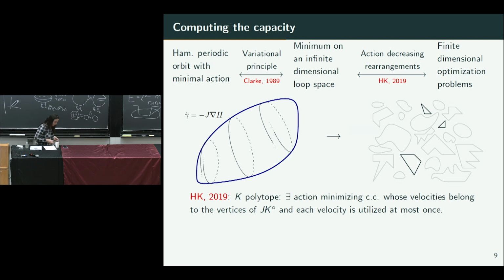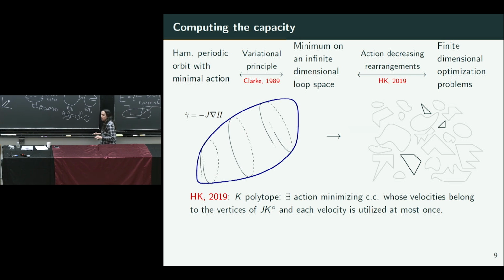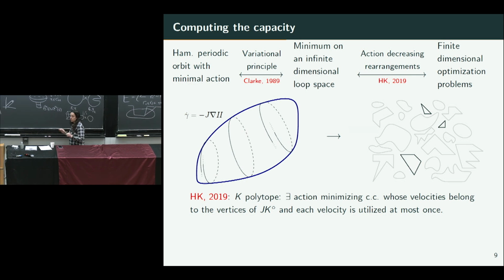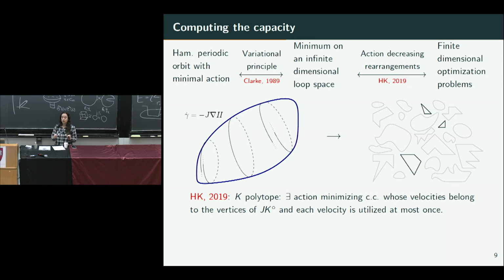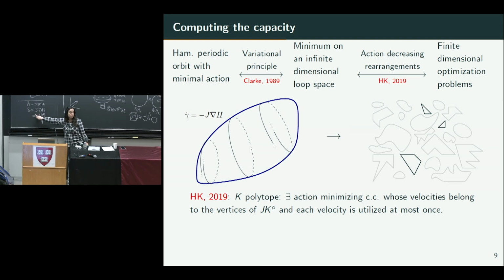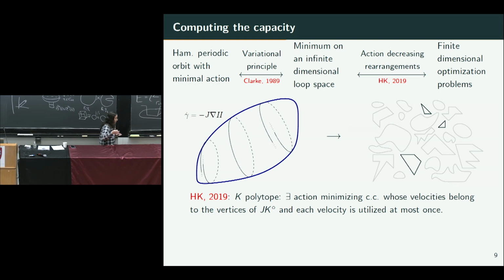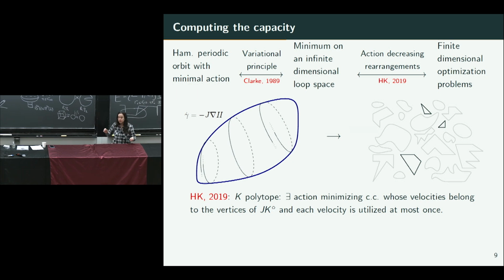And specifically, it means that if we have a polytope K, we can show that the action-minimizing closed characteristic velocities would be normals to the facets, so they don't belong to the normal cone, but belong to the actual normals of the facets. And so alternatively they would belong to J times K polar.